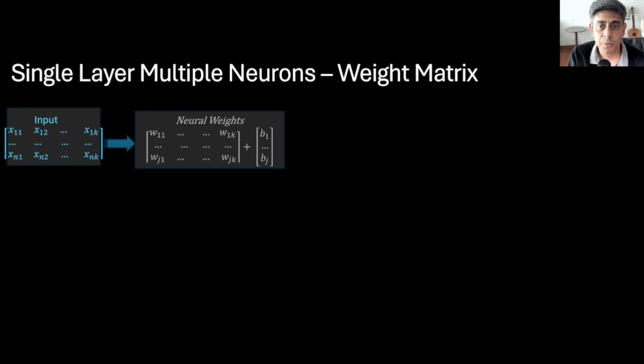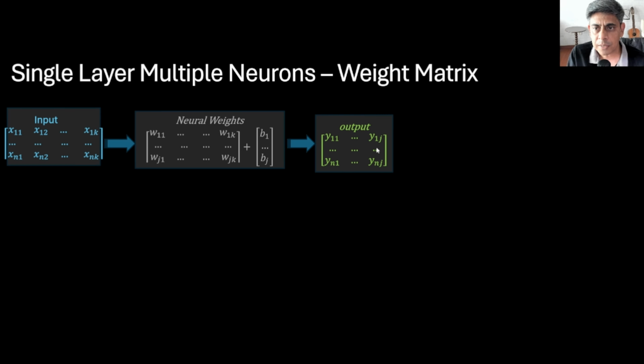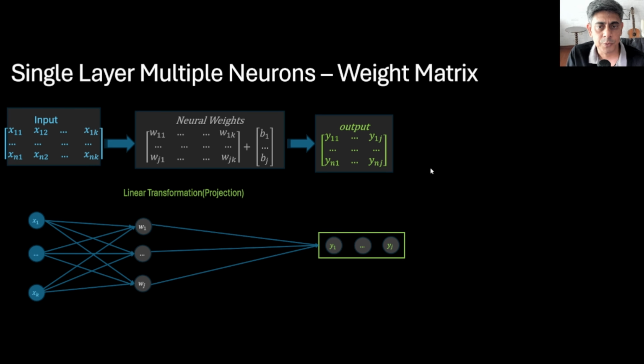Whether I take one neuron or multiple neurons is a matter of choice depending on how the output shape should be. That's what is presented here, when you have n rows and k features, and you have j number of neurons given, then you can see essentially n number of outputs you have got, but the output is whether it is a scalar or vector, and the vector dimension is matching with the number of neurons.